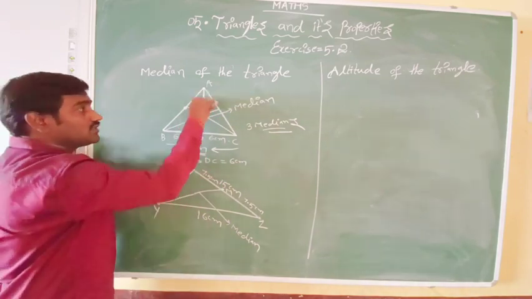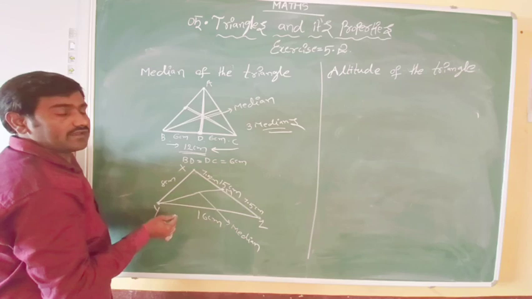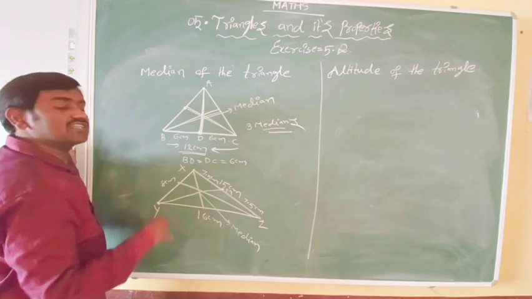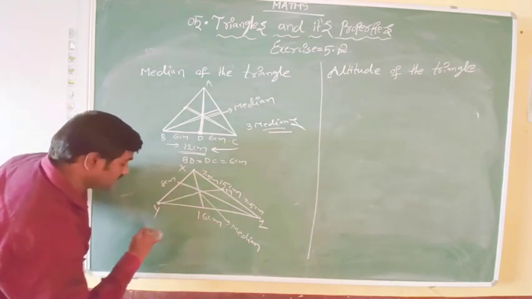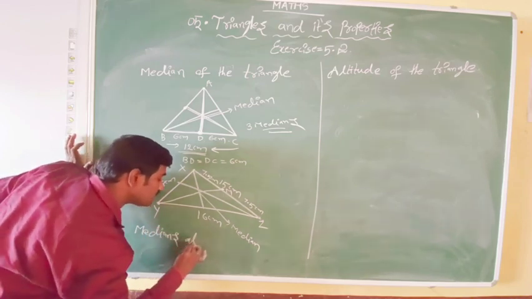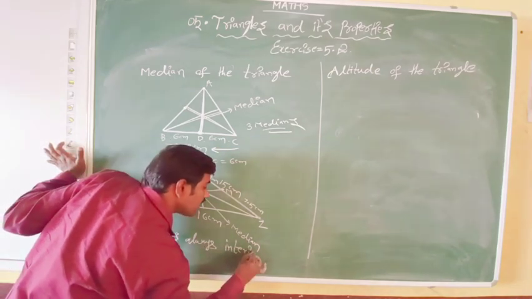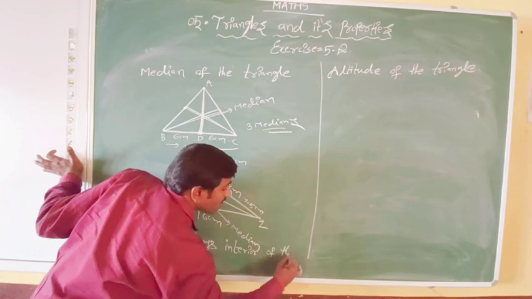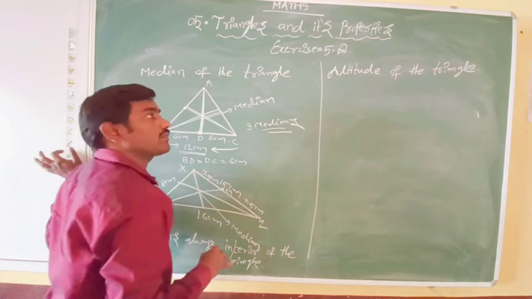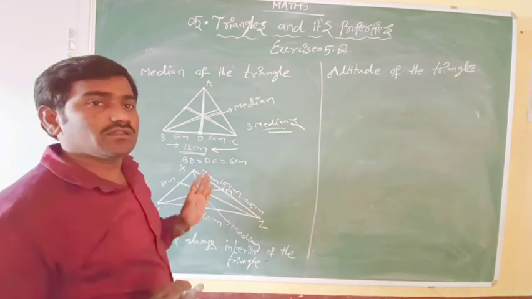Always the median comes in the interior of the triangle, not the exterior. Medians are always in the interior of the triangle. Now this is about the median: only from vertex to opposite side, exactly half of the length.